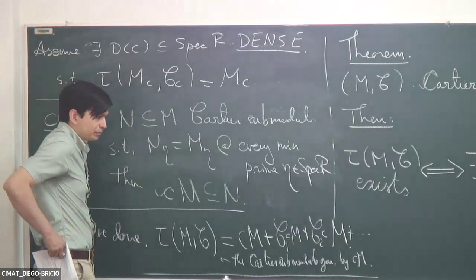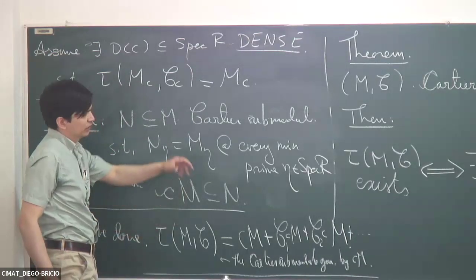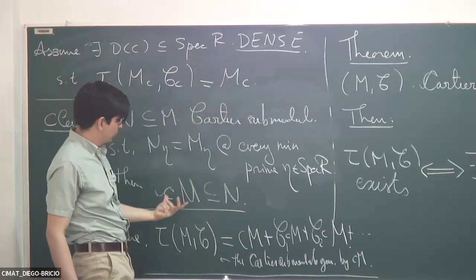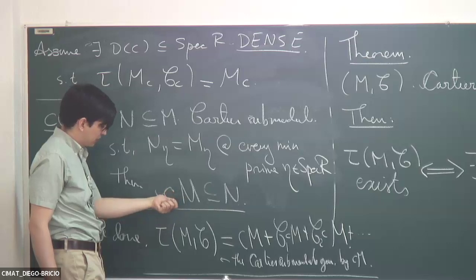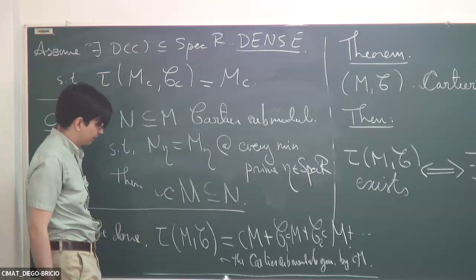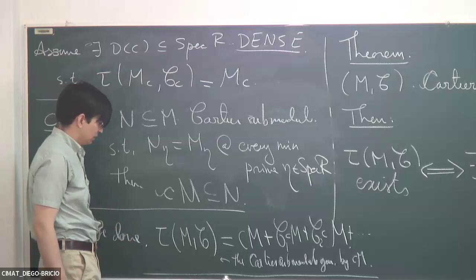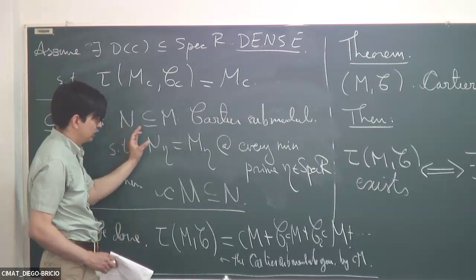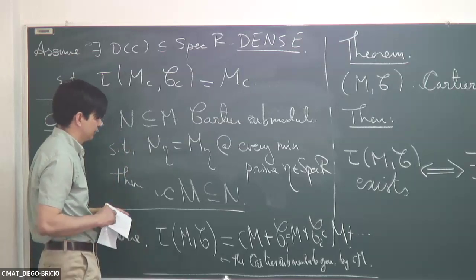Okay? So if we can prove this, then we are done, because then the test module is computed as the smallest Cartier module containing Cm. Is this okay? So the content is here. This is the content really of this direction.